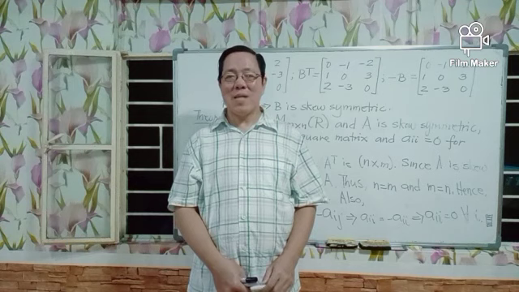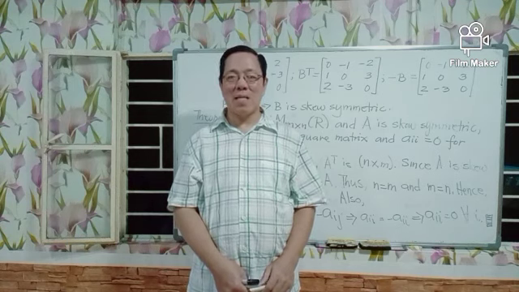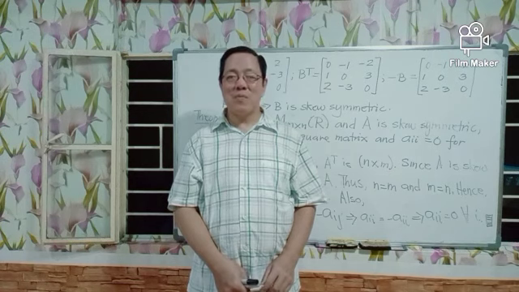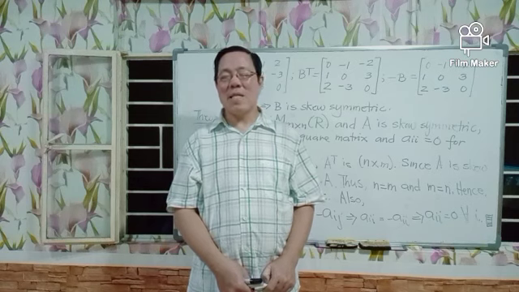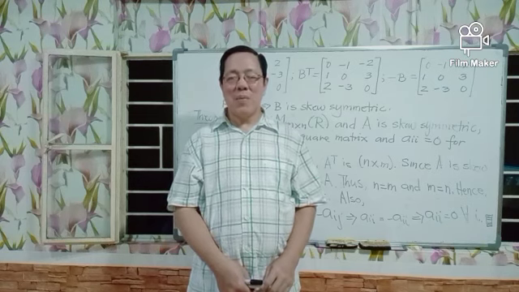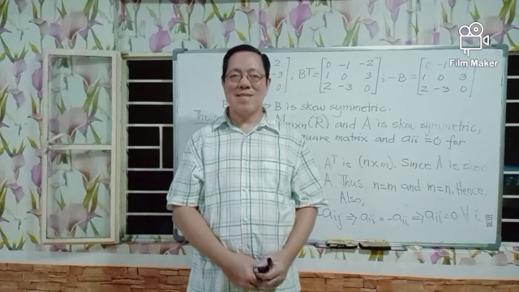And we will state this property as a theorem in the next lesson, and we will prove this property. And also we will define in the next lesson the invertible matrix.